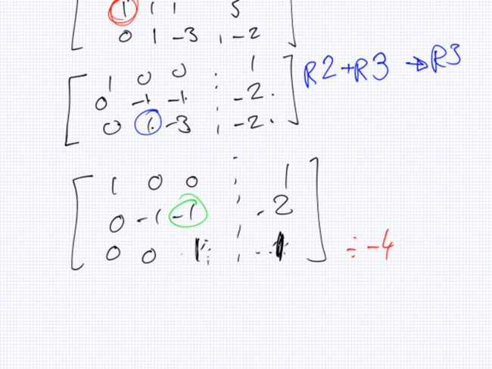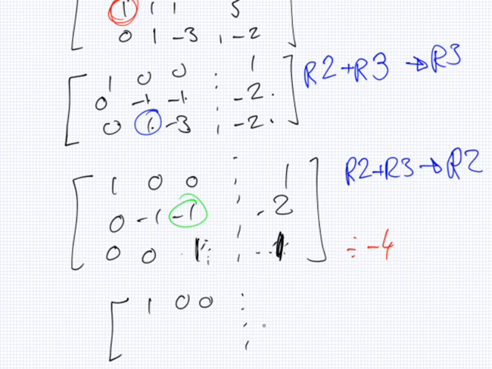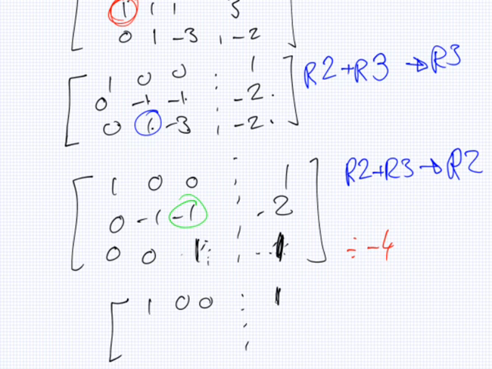That's okay? So we'll do row 1 minus row 2 and put the answer on row 2, and we'll do row 1 minus row 3 and put the answer on row 3.